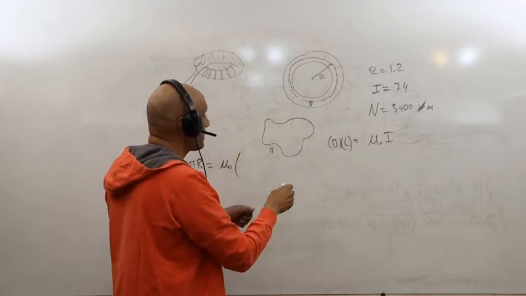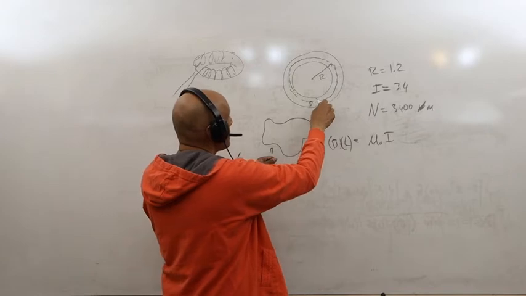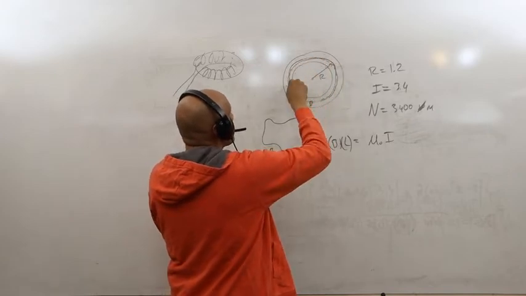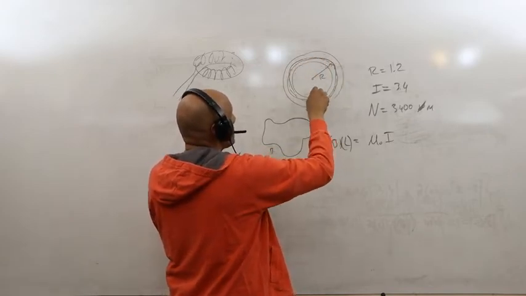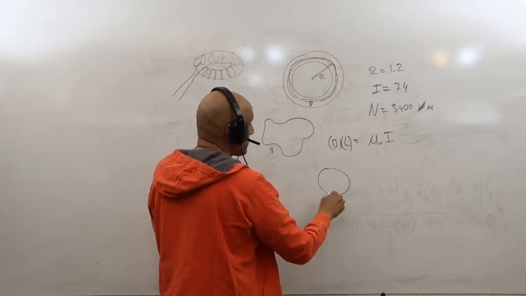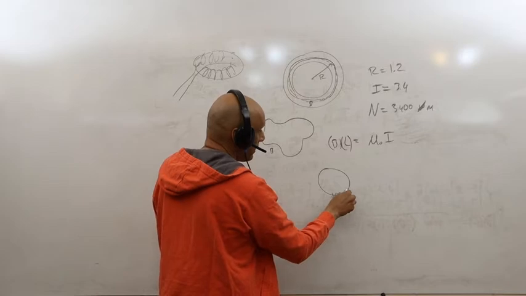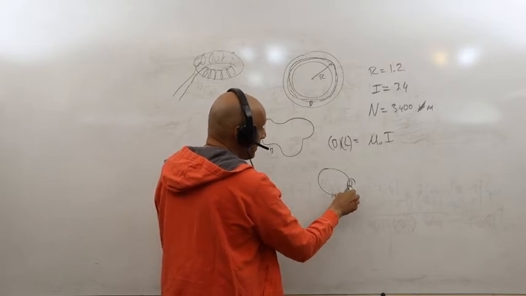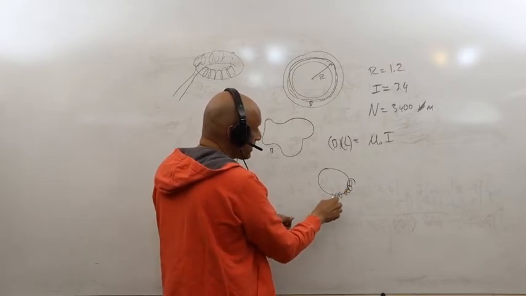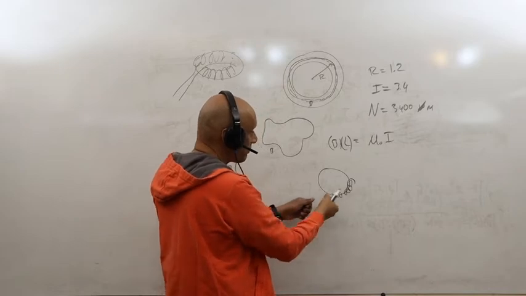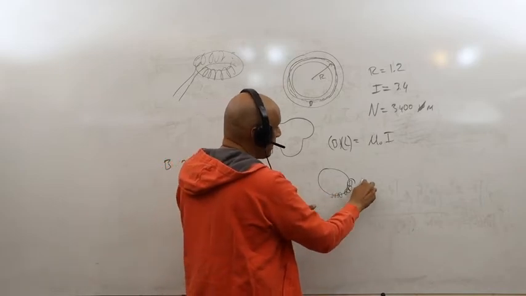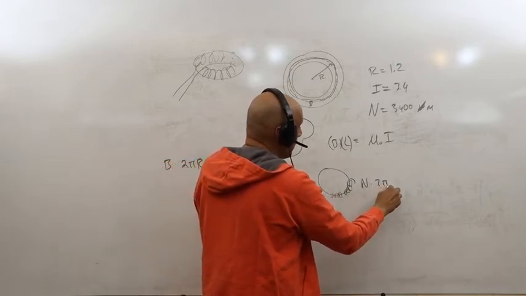So again, remember that when I look at this disk corresponding to the circle, here's our disk. There are some windings. The wire is going in and puncturing that surface. The number of these punctures is given by N times 2 pi r.